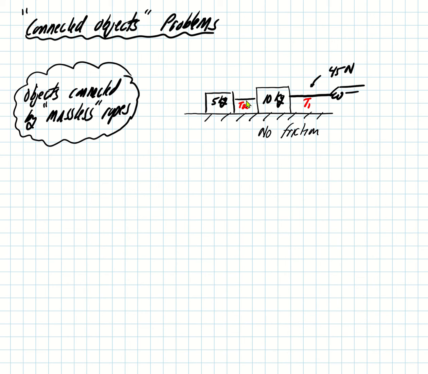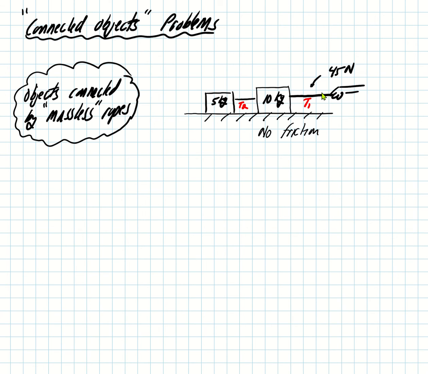Another nice magical thing we can do in physics is we can pretend, or we can just make the ropes that we use to connect everything massless. That way we can ignore it. If these were real ropes, we would have to account for their mass, and we just don't want to do that.